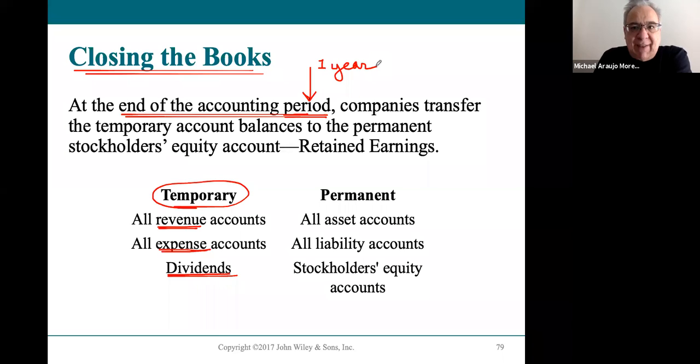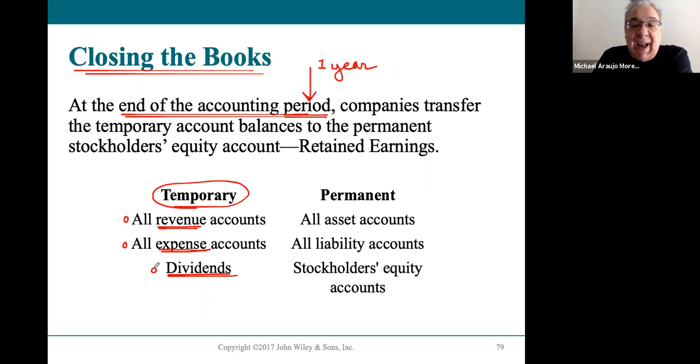What happens is after that year is done, we have to close the record on that year and start the very next day, which indicates a new accounting year, with balances in the revenue accounts of zero. All the expense account balances would be zero, and the dividends account would also be zero.